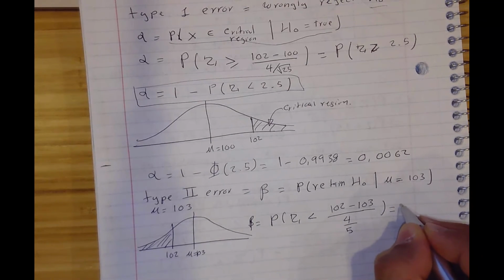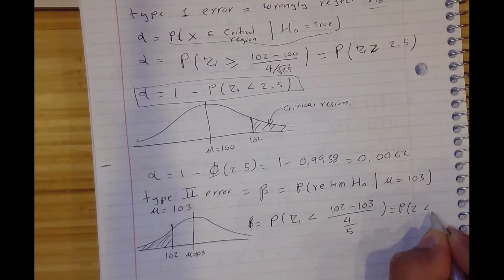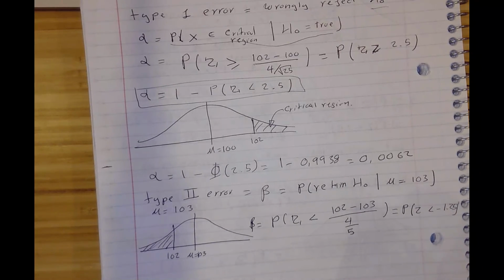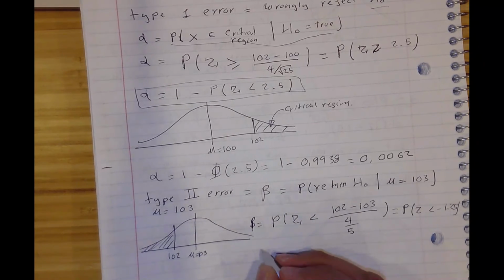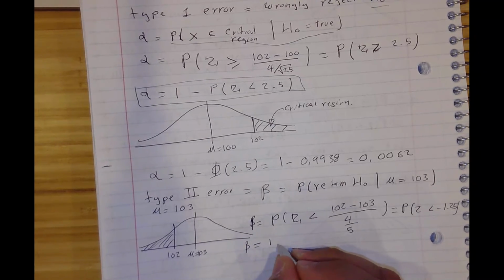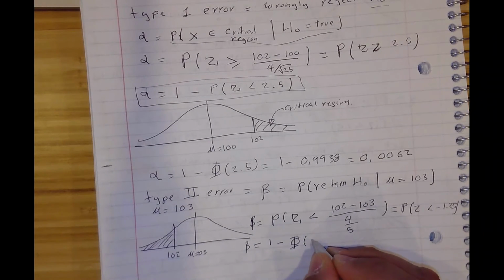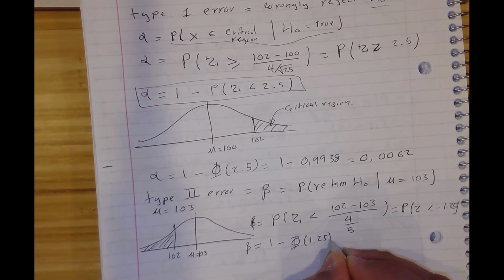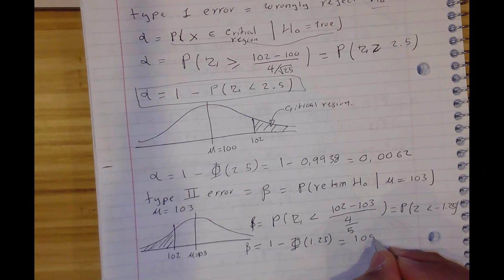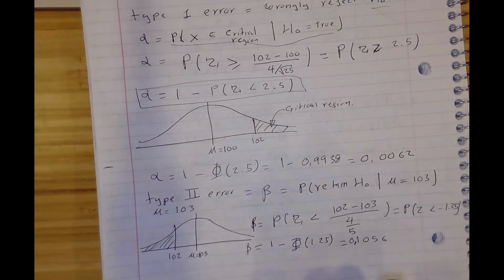And simplifying is probability that Z is less than minus 1.25, okay, which is the same as 1 minus the standard normal of 1.25, which is 0.1056. Sorry, I missed the 10 here. Is around 10%.